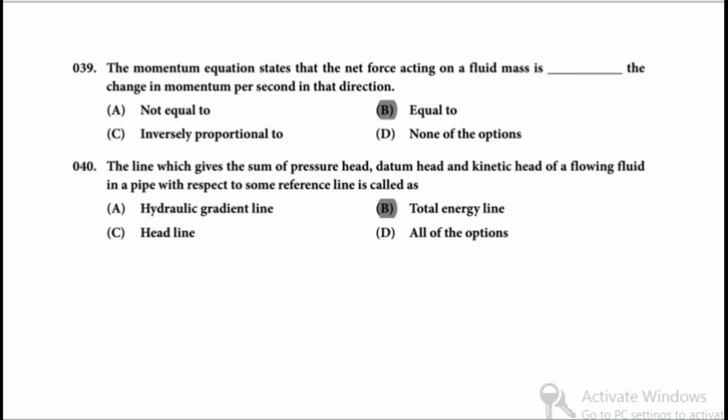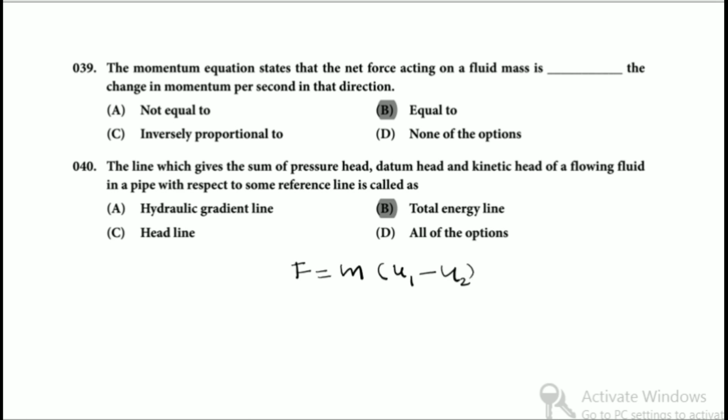So question number 39, the momentum equation states that the net force acting on a fluid mass is dash the change in momentum per second in that direction. So from the options you can directly say that B should be the answer, because the equation of the force you can say is F equals m into u1 minus u2.